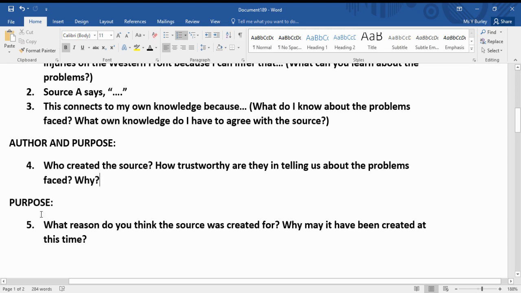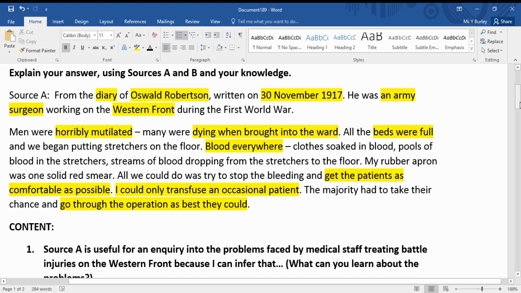After you've done that, you've got to look at the purpose of the source. What reason do you think the source was created for? Why do you think it's been created at this time? If we go up, it's a diary. So we might want to think, why is he creating this diary? Why is he producing a diary in 1917 as he carries out this work? Is it for personal reasons, or is it to be published? Who do we think his audience is in creating this diary?